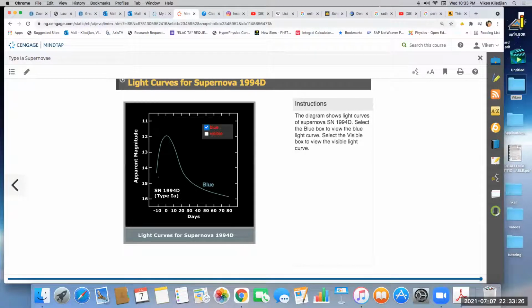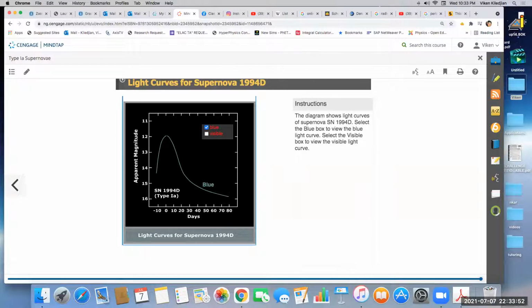So in other words, it starts out with an apparent magnitude of about 14.5, 10 days prior to the actual brightest possible. That means you can't see it with your naked eye, right? But as the days go by, as you're approaching zero, what's the apparent magnitude?